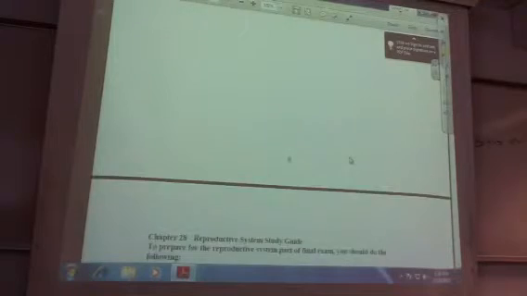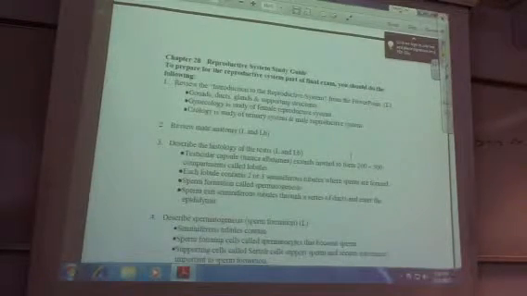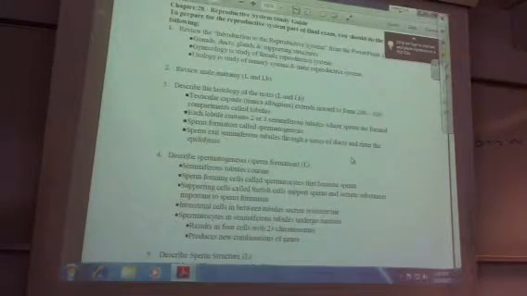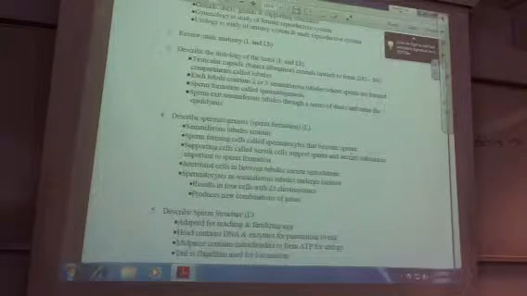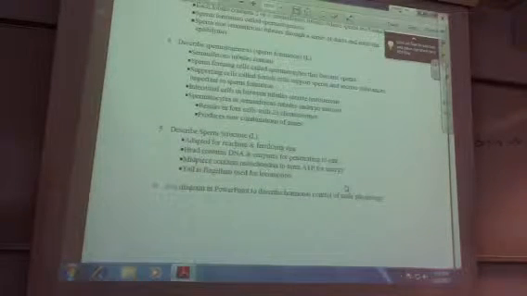That's no big deal. For reproduction, we've studied this in lab as well as lecture. Sperm structure: talk about the head with the DNA, and how many chromosomes are in the head of the sperm?